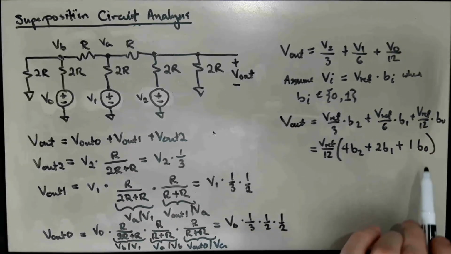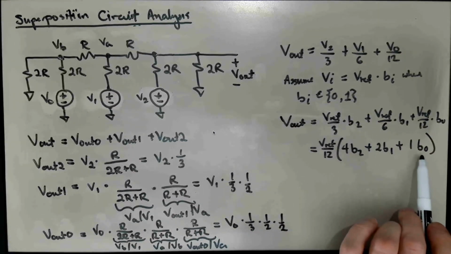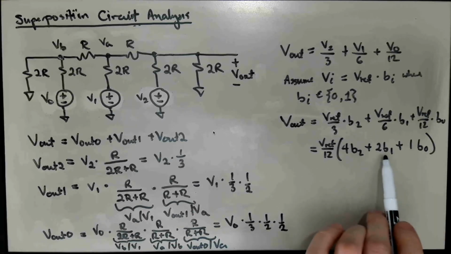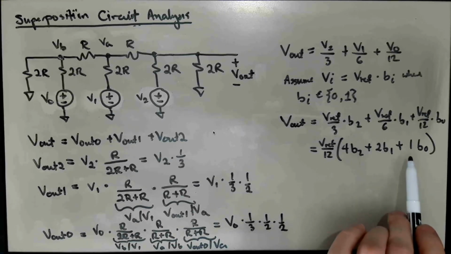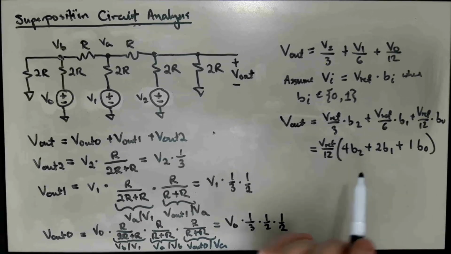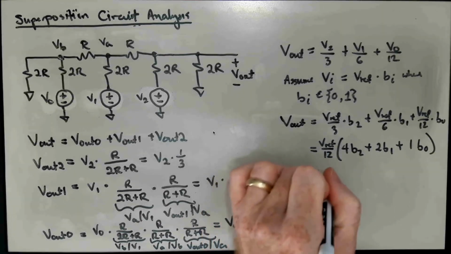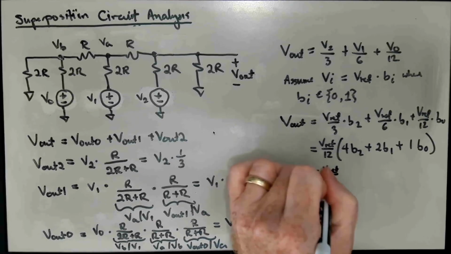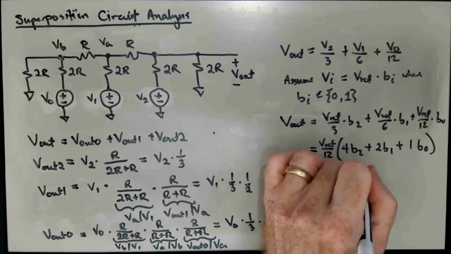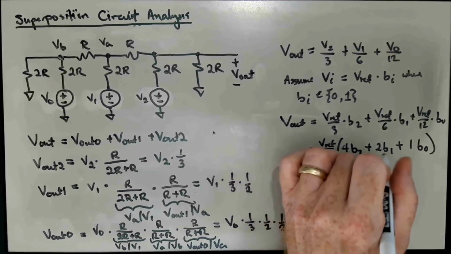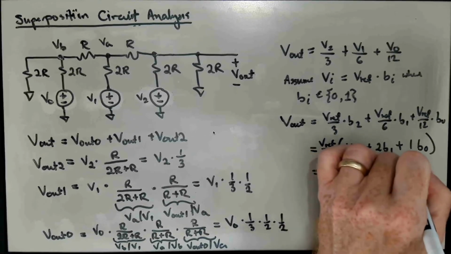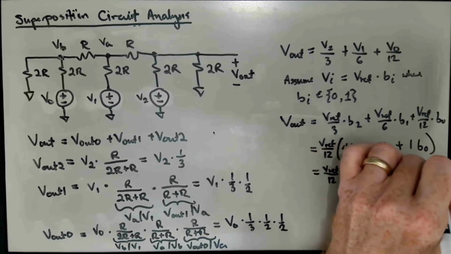Well, that's interesting. These binary numbers are weighted by successive powers of 2. So this is 2 to the 0, 2 to the 1, and 2 squared. So this is Vref over 12 times 2 squared B2 plus 2 to the first times B1 plus 2 to the 0 times B0.